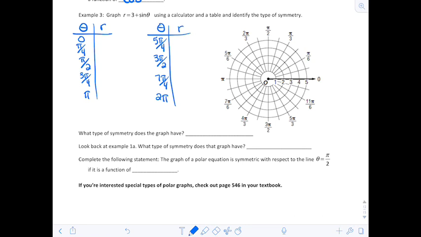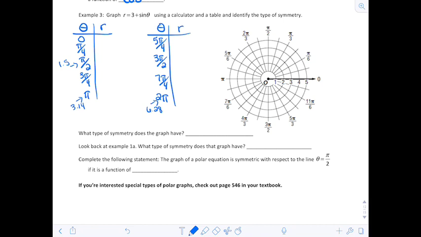Okay, so again, in my notes, I don't have them by 45s. I actually only have the quadrants, but from your calculator, once again, you can get this. So don't forget, 2 pi, go to that decimal 6.28. Pi is at 3.14. Pi over 2 is 1.5.